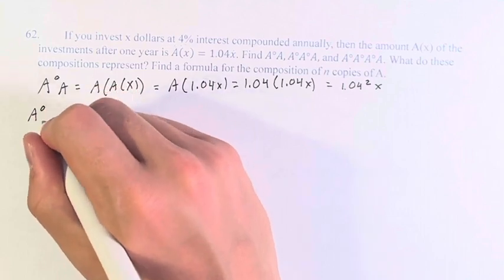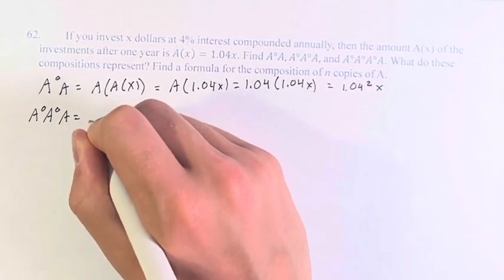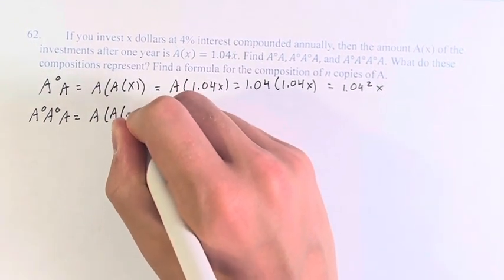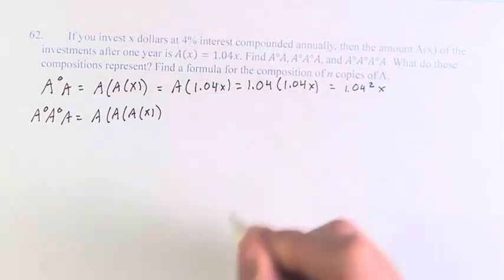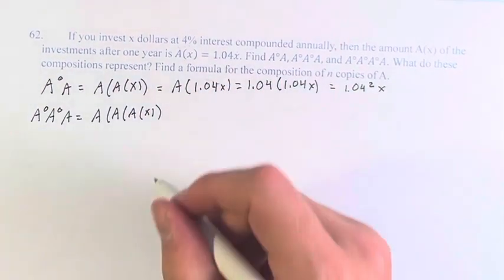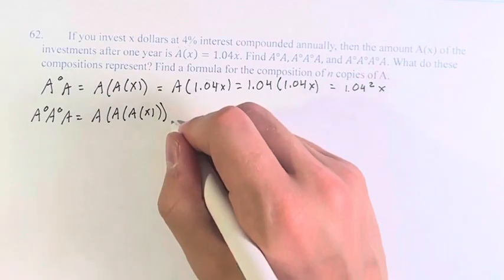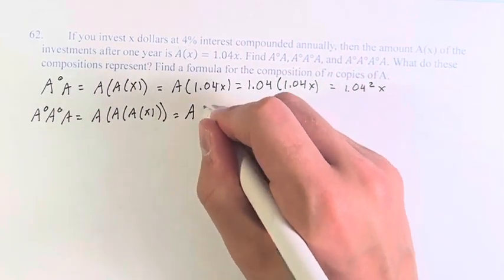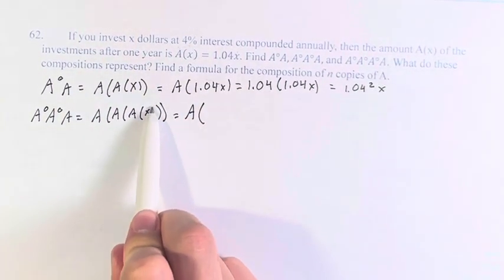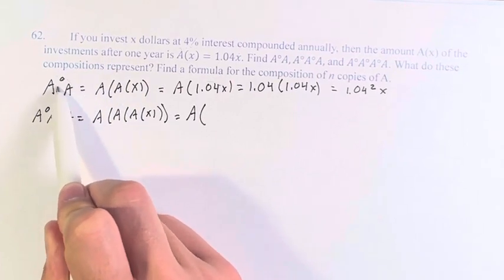Next up, we have A of A of A, which is A of A of A of X. And here, if we don't forget one of our parentheses, this is A of, we see A of A of X here. This is the thing we just calculated.